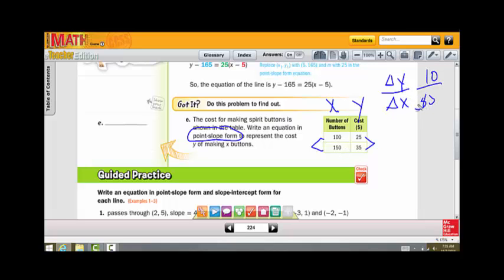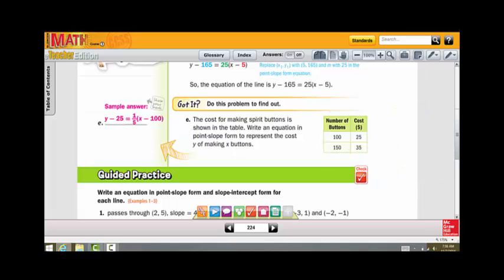So we can cancel the zeros, and we have m equals 1/5. So our equation is y minus our y value, we're going to use 25, equals 1/5, the slope, times x minus our x value of 100. And they wanted it in point slope form, so that is the form we have.